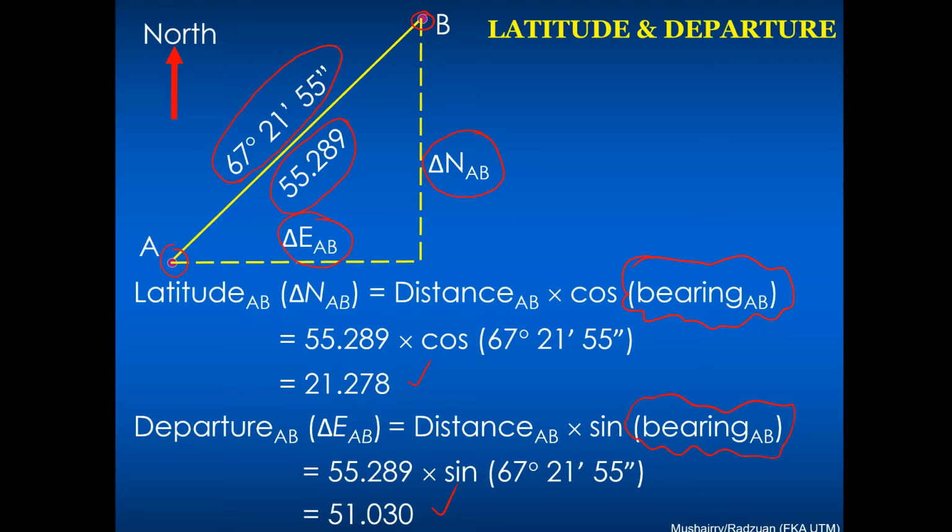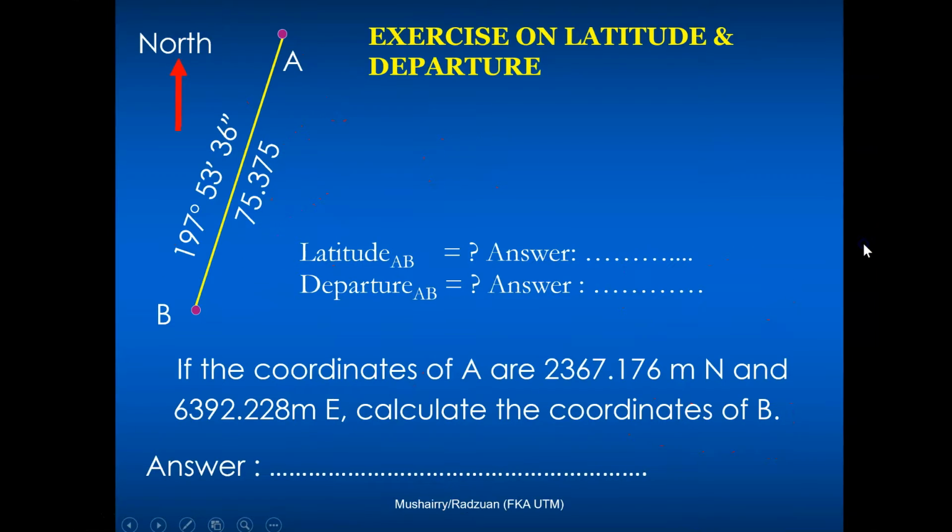Anyway, you can do away with this sine and cos function if you use the built-in function in your calculator. I'll show you how to do that in a while, but let's look at this example.